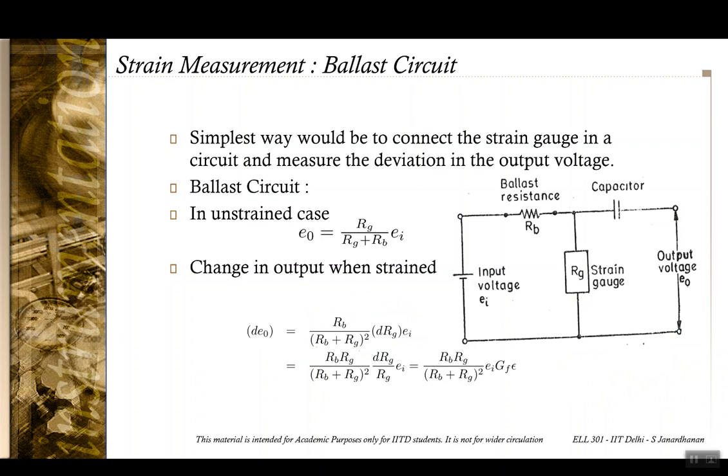This expression can be modified a bit by multiplying and dividing by Rg, so that I can get the strain relationship out, because dRg/Rg is just like ΔRg/Rg. This is going to be GF times ε. So you have this relationship now, this expression, to say what would be the change in the output.